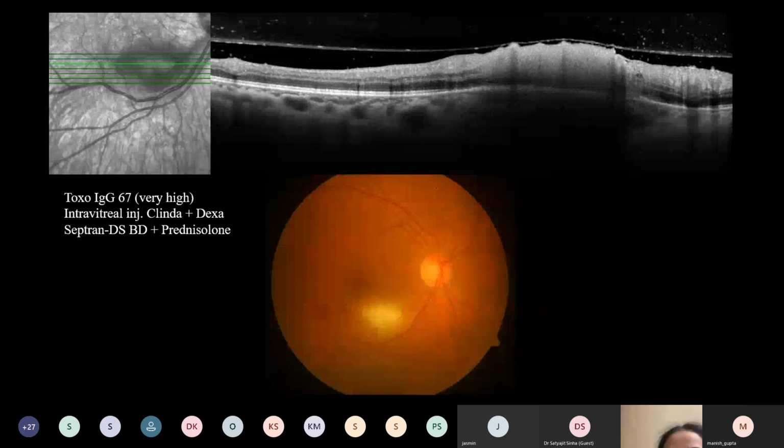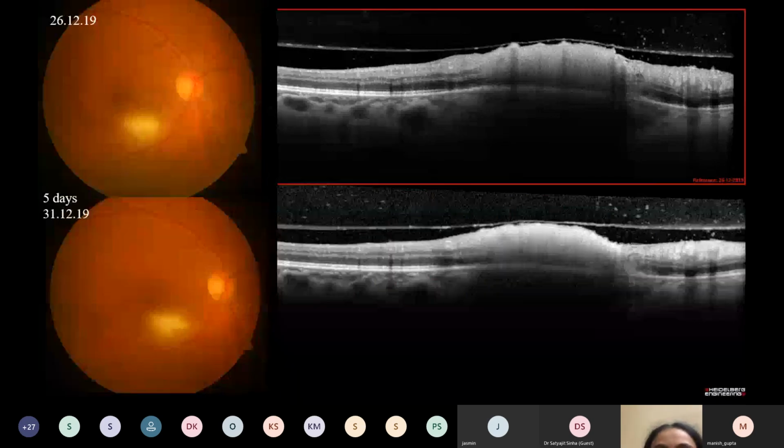And we treat this patient with anti-toxo therapy. The lesion starts decreasing in size, and we monitor these patients on fundus photography and OCT. We don't do anything much in these patients on follow-up. Every visit, we do an OCT and a fundus photograph. So this is how we monitor. The lesion starts decreasing. Go to next.